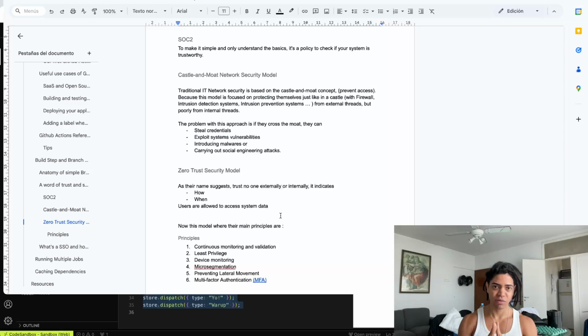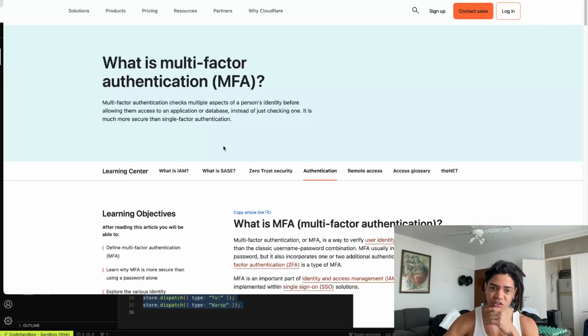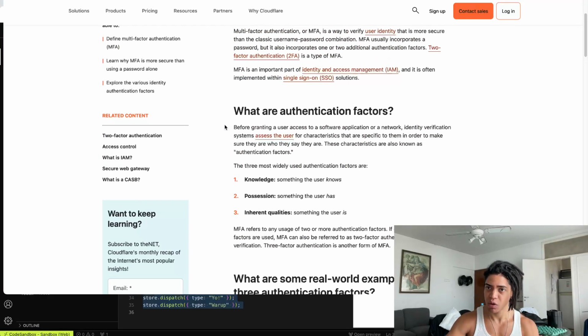There are several factors to authenticate a user to get access to system resources, like software, applications, and networks. These authentication factors are knowledge, possession, and inherent qualities. Knowledge is something that the user knows, whether it's a password or a passphrase.